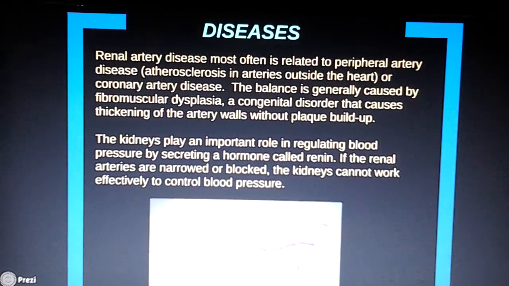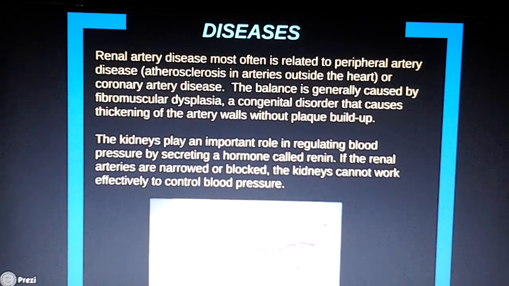Causes. Renal artery disease is more often related to peripheral artery disease, atherosclerosis in arteries outside the heart, or coronary artery disease. The rest is generally caused by fibromuscular dysplasia, a congenital disorder that causes thickening of the artery walls without plaque buildup.